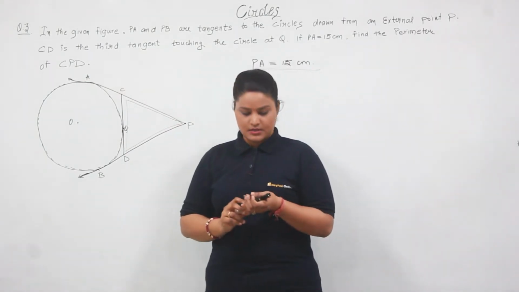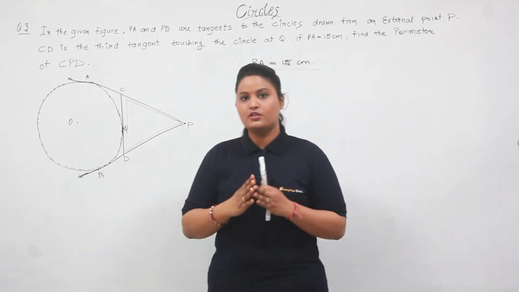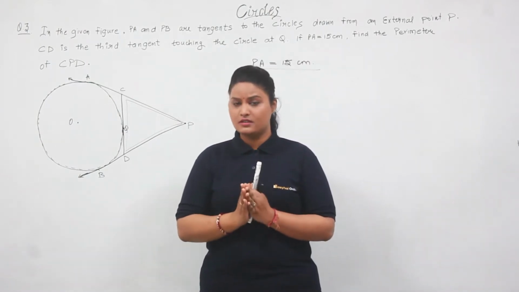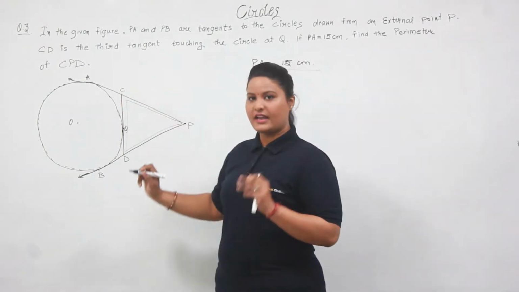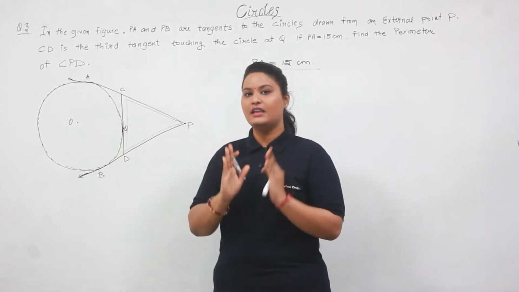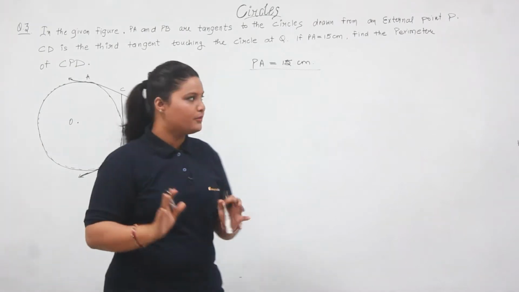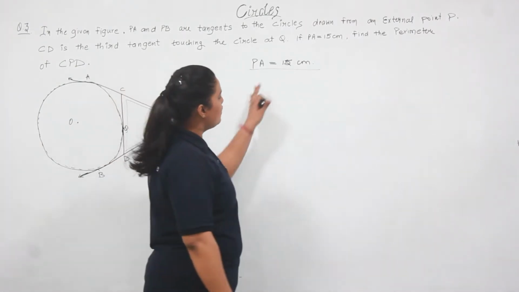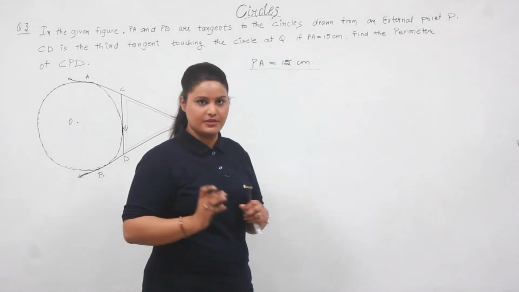Clear? Before I start solving it, recall the theorem in which we learned that from any external point, if there are 2 tangents, then the lengths of the tangents are equal. I hope it is remembered by everyone.